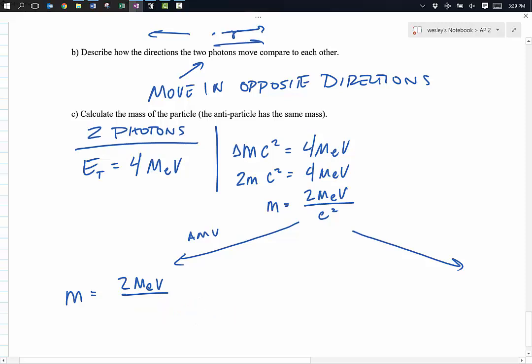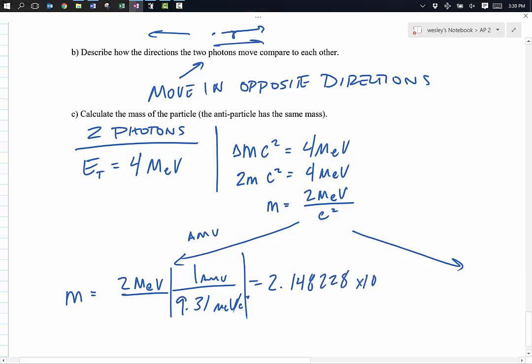It's a conversion, right? So 9.31 mega electron volts over c squared is 1 AMU. That gives me 2 mega electron volts divided by 9.31 mega electron volts per c squared, which gives me 2.148228 times 10 to the negative third AMU. That's using the AMU conversion.